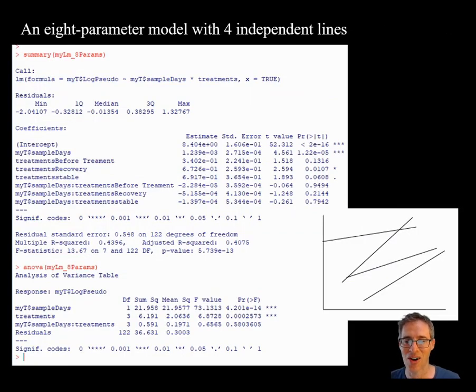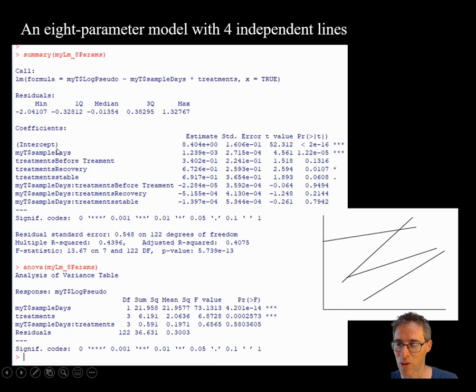We can consider our 8-parameter model. The 8-parameter model we can think of as having 4 independent lines. Right? And so we read this, we say there's a background intercept, as before. So that's the intercept of our background, the treatment. Then we have the intercepts of before treatment, recovery, or stable. Right? So we do inference asking whether those intercepts are different for these categories than our background intercept.